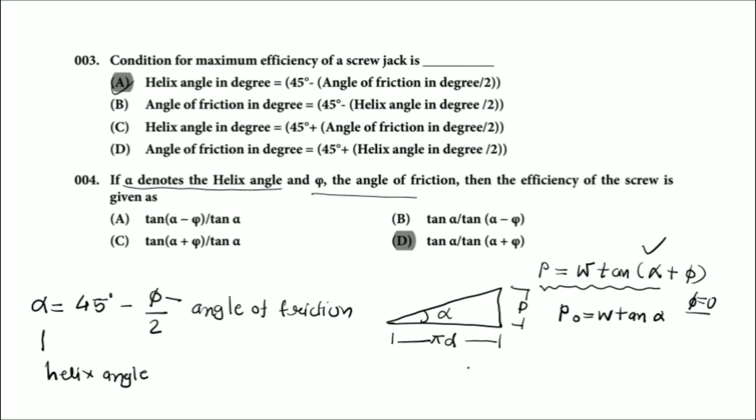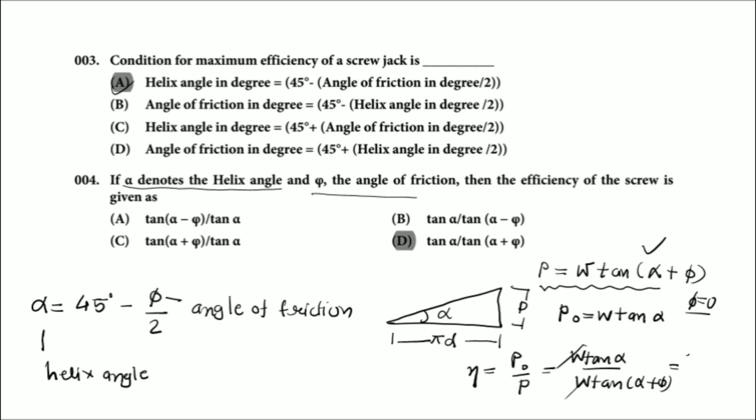So that we can find out the efficiency. So equation for efficiency would be eta is equals to P0 divided by P, right? So P0 is W tan alpha divided by W tan (alpha plus phi). So if you want to write further derivation, then you can remove the W, right?